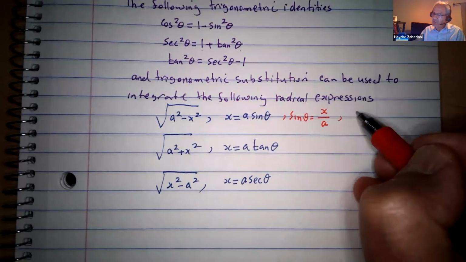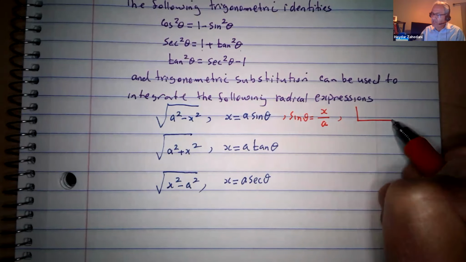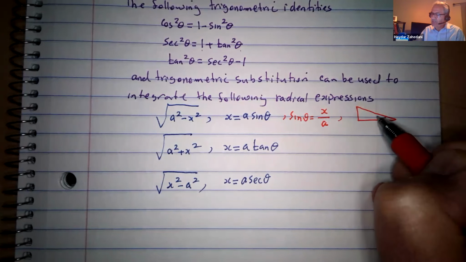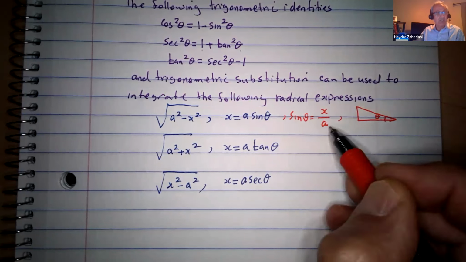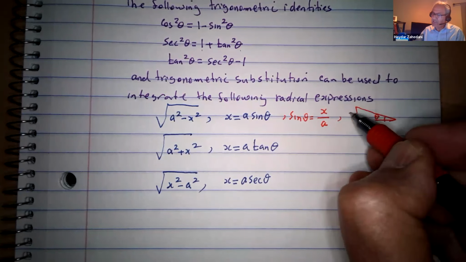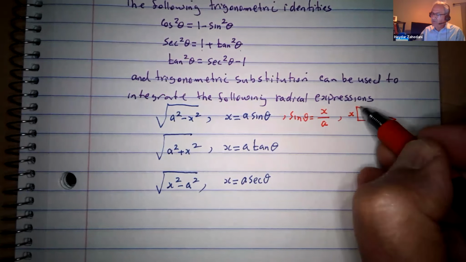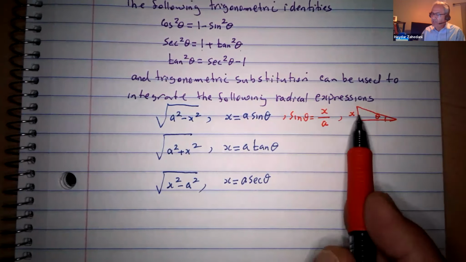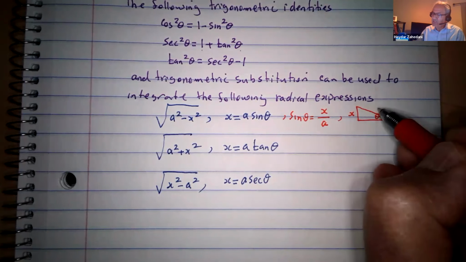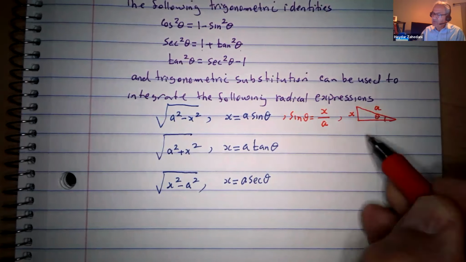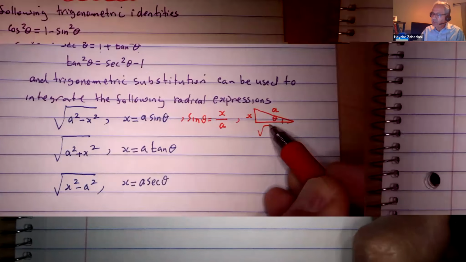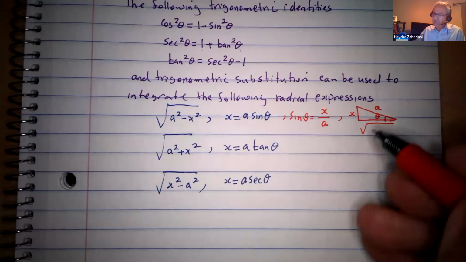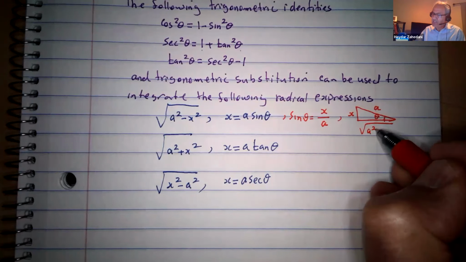In order to do that, we are going to use a right triangle. This is going to be your theta. The sine is the opposite, x, over the hypotenuse, a. According to the Pythagorean identity, the other side is the square root of a squared minus x squared.